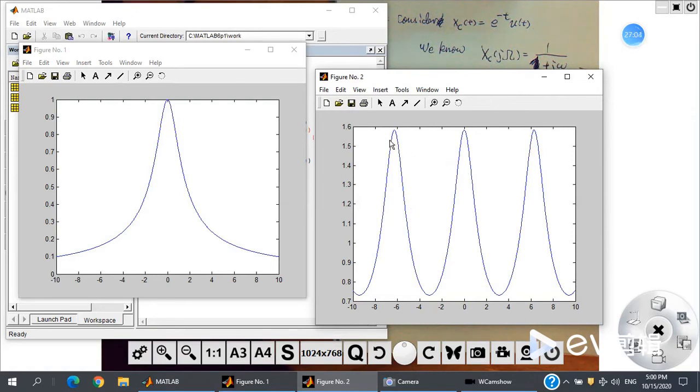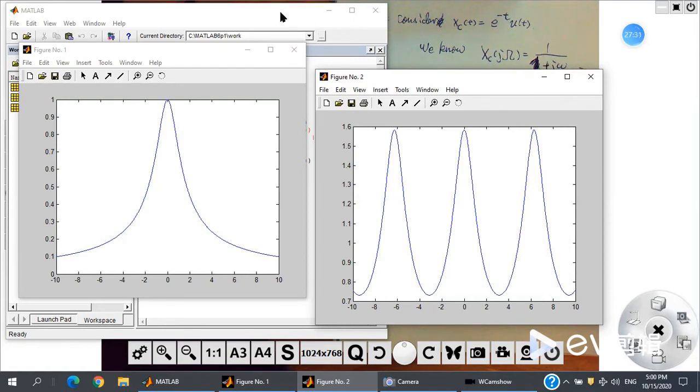You have a sequence of peak values, and the center, you see, this is 6 point something, should be 2 pi. So it is a copy of the original one, but you have a lot of copies. Every copy is centered at 0, 2 pi, negative 2 pi, and so on.